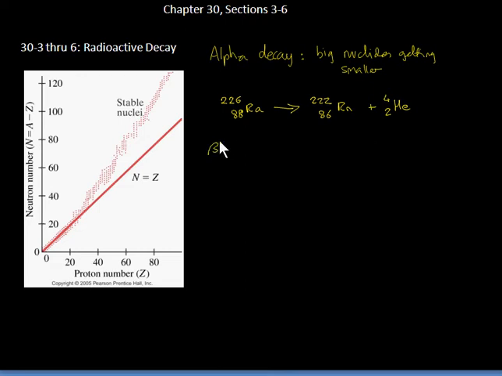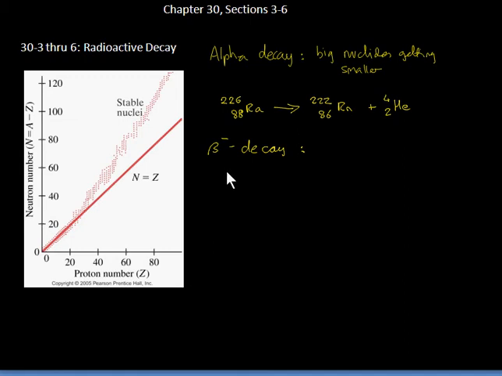And then there's beta decay. And this occurs when a nuclide has too many neutrons. So it tends to occur for lighter elements that are a little bit above this neutron number curve, although it can happen for heavier ones too.